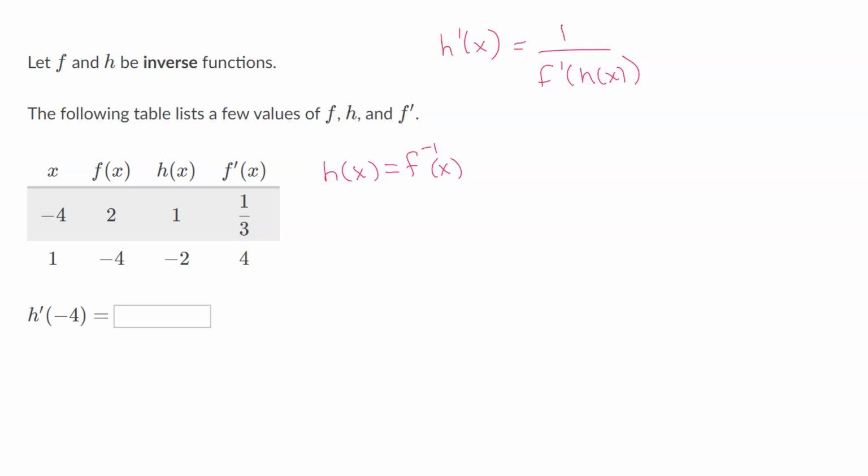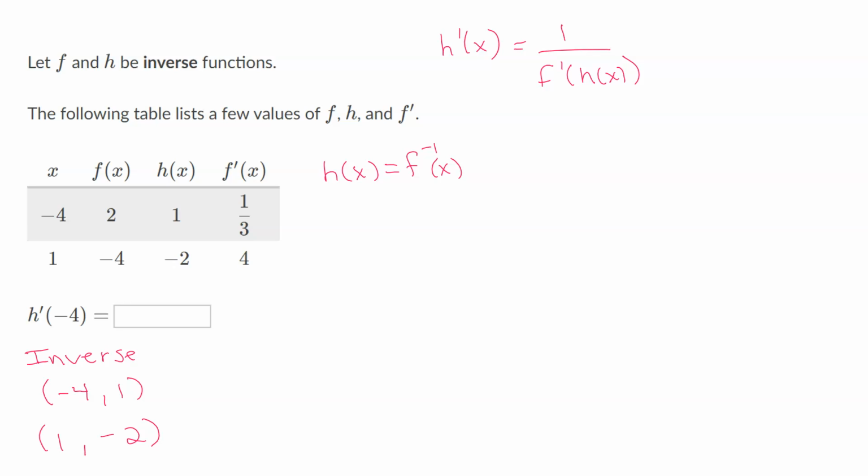So our inverse has the points -4, 1, and 1, -2.